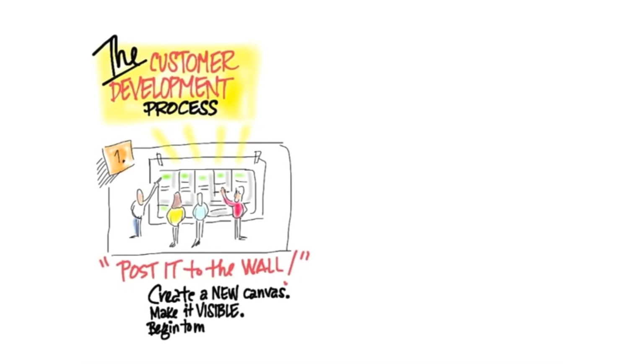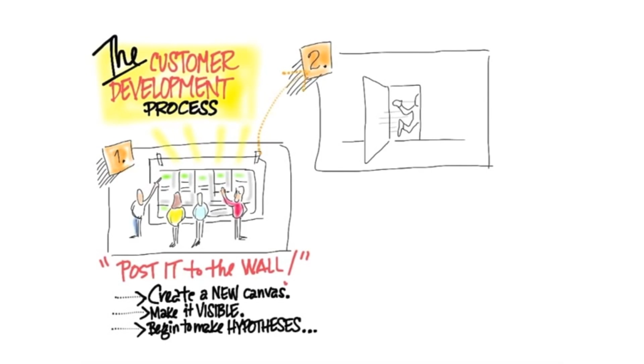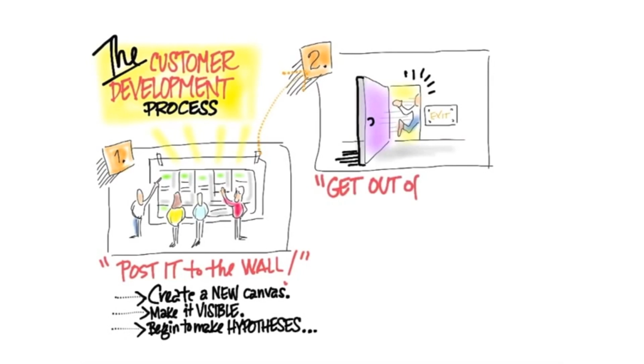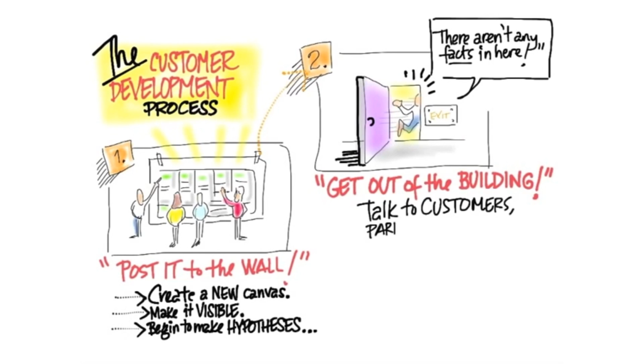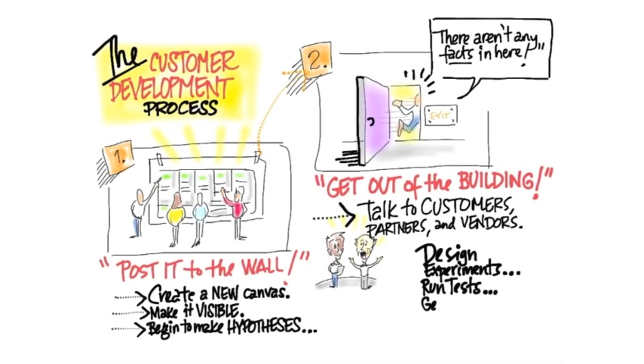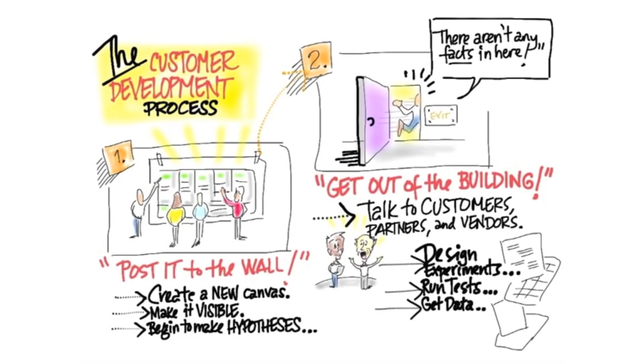But you make it visible and begin to construct your hypotheses. Then you look at them and say, there aren't any facts in this room. Let's get out into the building and talk to customers, partners and vendors, and learn how to do this with rigor and a process: design experiments, run tests, get data, and more importantly, get some insight.